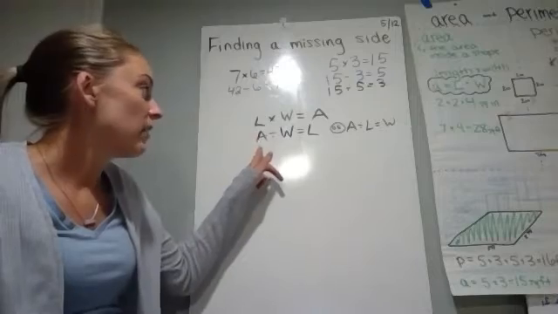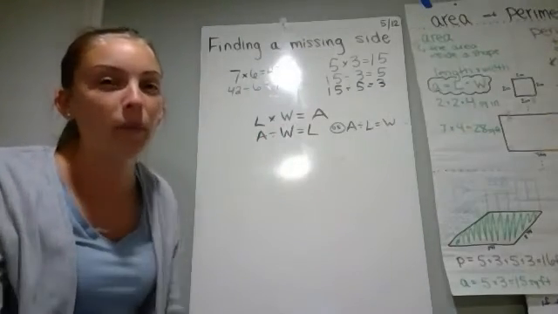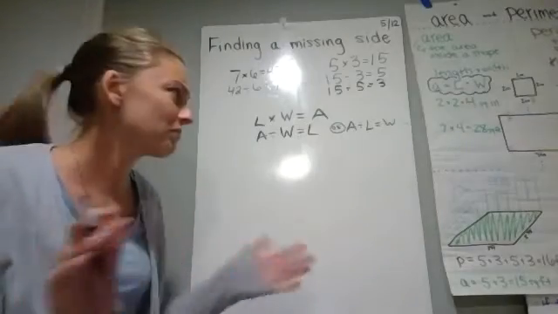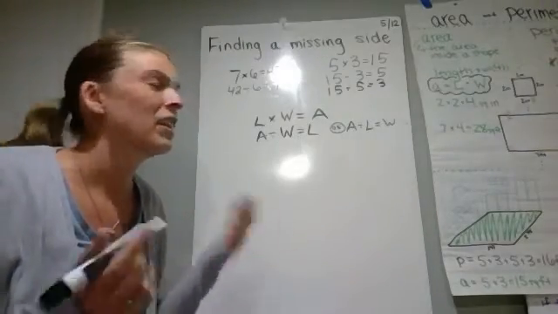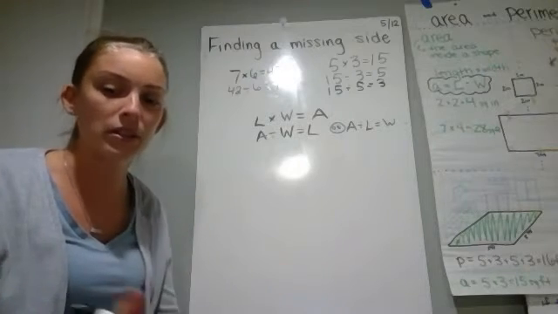If I'm given the area and the width, I could find the length. And remember, when we're doing this, it really doesn't matter which number is width and which is length. We'll get into that stuff later. You have two numbers, no matter how you multiply them, you'll still get the same answer.